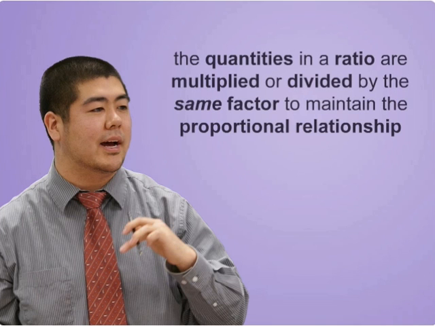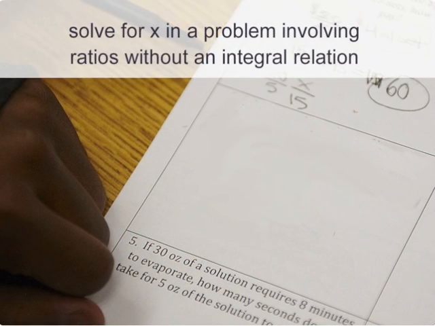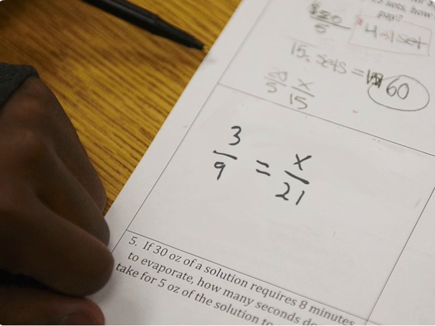In a unit ratio approach, the quantities in a ratio are multiplied or divided by the same factor to maintain the proportional relationship. This strategy is best shown by solving for x in a problem involving ratios without an integral relation. For example, take the problem 3:9 as x is to 21.